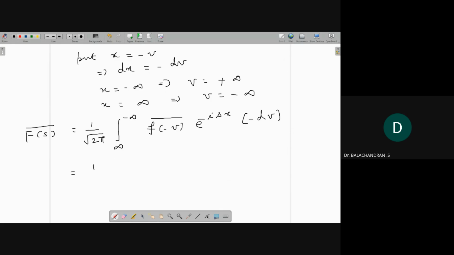So which is equal to 1 by root 2 pi, minus infinity to plus infinity, f of minus v whole bar into e power.